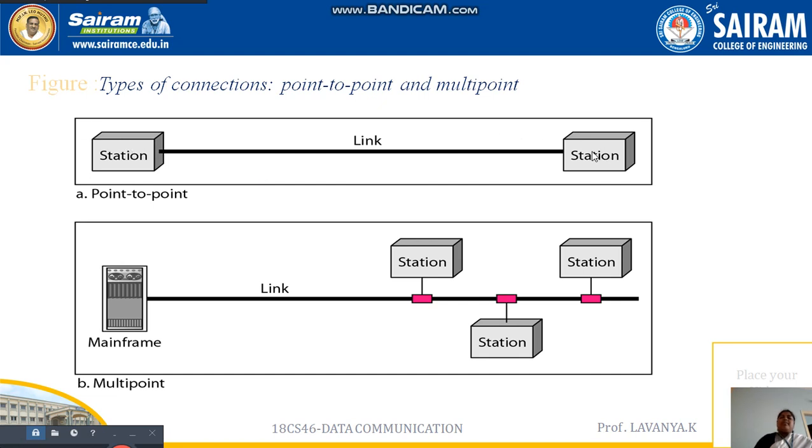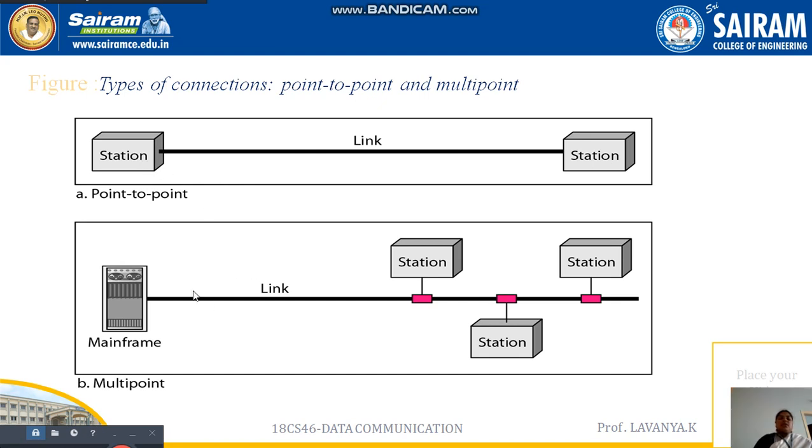At the same time, the receiver sends the acknowledgement back to the user. This we call point to point, from one end to another end, and vice versa, from the other end back to the beginning station.